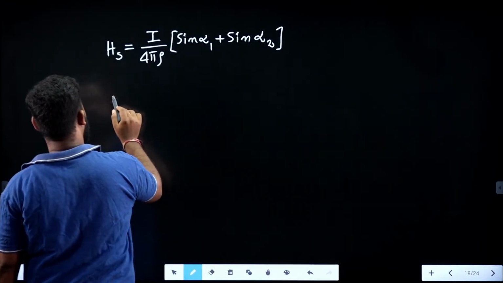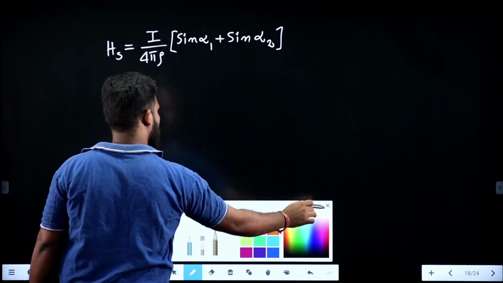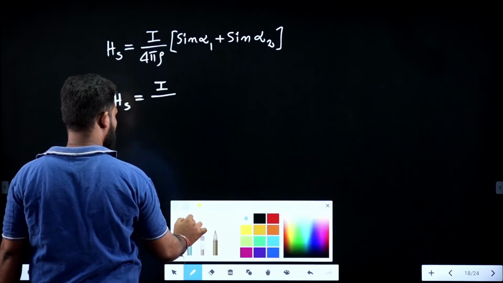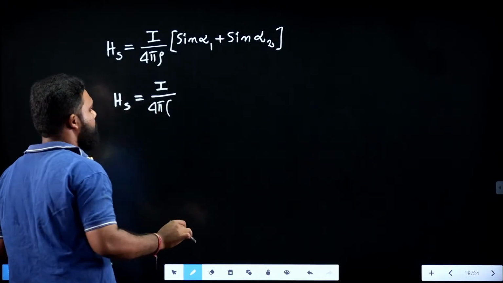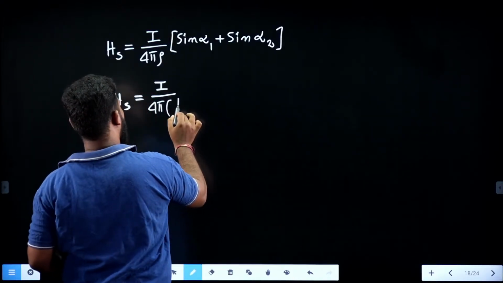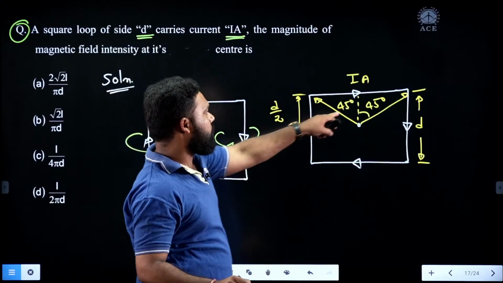Substitute all the values here. So Hs is equal to I by 4 pi into perpendicular distance. What is the perpendicular distance? It is d by 2. What is the sine? 45, 45.